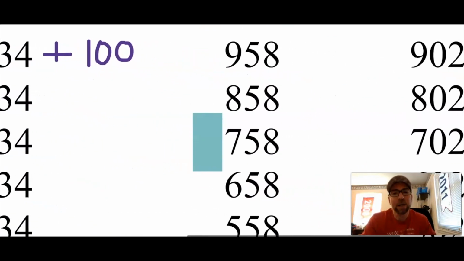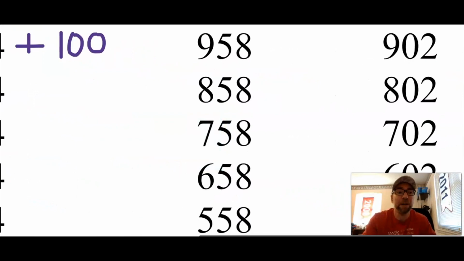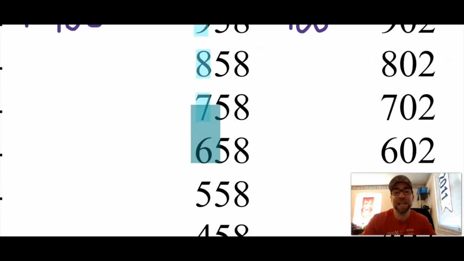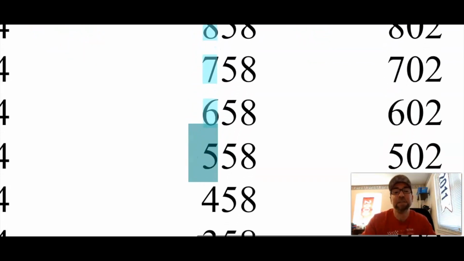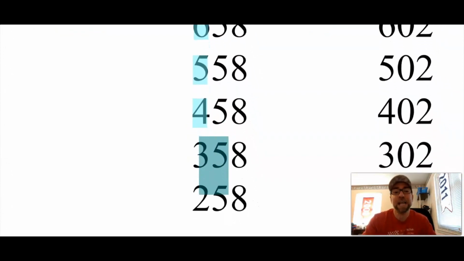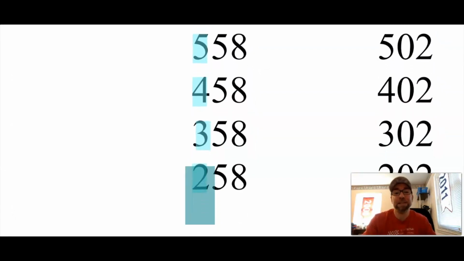Now we can also subtract 100 from a number. When we subtract 100, the digit in the hundreds place is going to get one less. Let's see. 958 minus 100, 858, 758, 658, 558, 458, 358, 258.